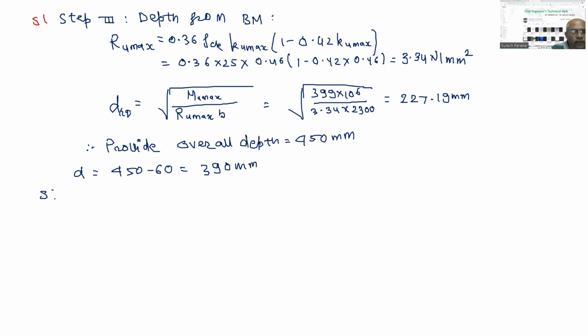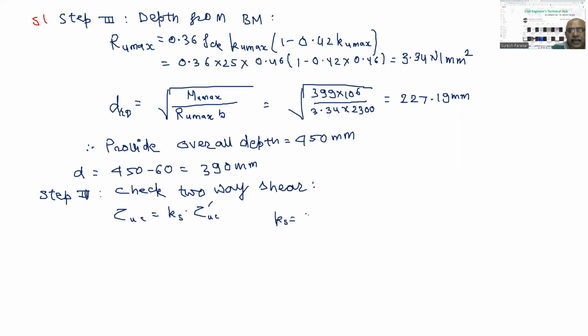Now next we have step 4. Check shear, check two-way shear. One way we will not go. And then this will be tau UC, first we have to find, which will be equal to Ks into tau UC dash. As we have dimension of column that is same, so we have 380 by 380, and that comes 1.5 greater than 1, and therefore value of Ks we have 1.